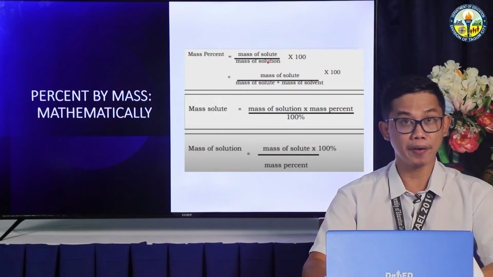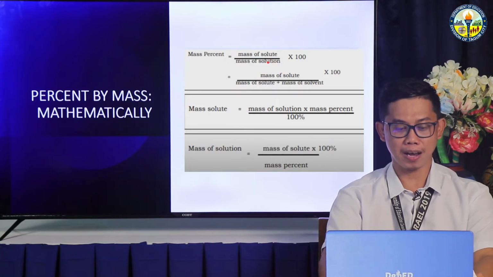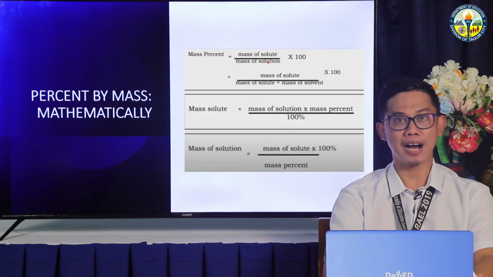We will also bear in mind the specific units in the various derivations. If percent by mass or mass percent are asked, the unit in our final answer is the percent unit or symbol. Correct.